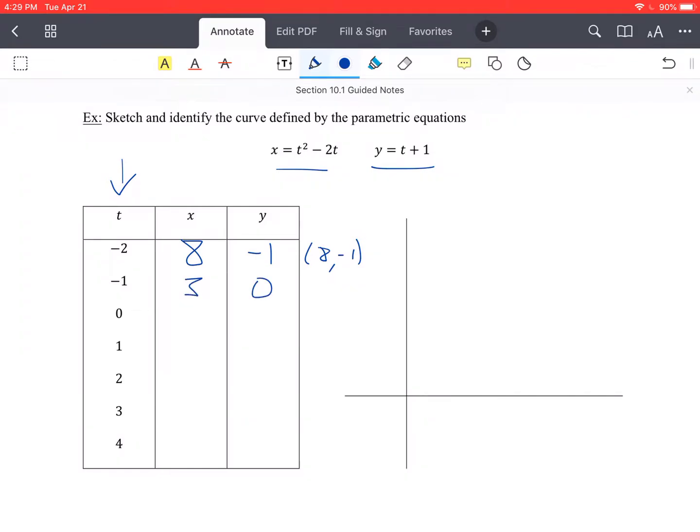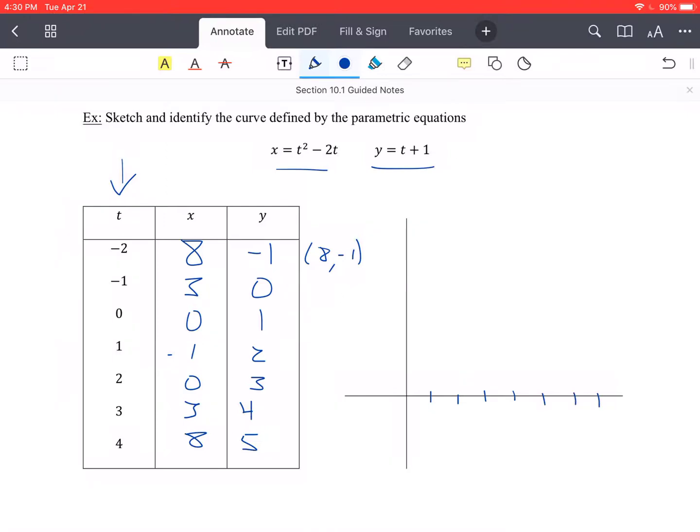We're going to get 3, 0; 0, 1; negative 1, 2; 0, 3; 3, 4; and 8, 5. Okay, so if we want to get a rough sketch going here, let me make those axis marks a little more even.